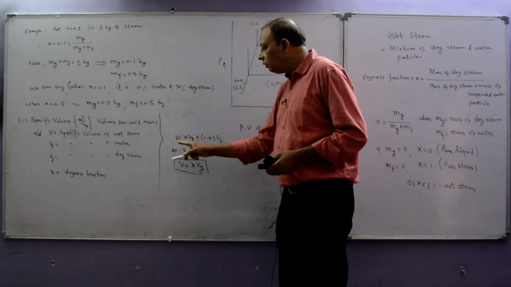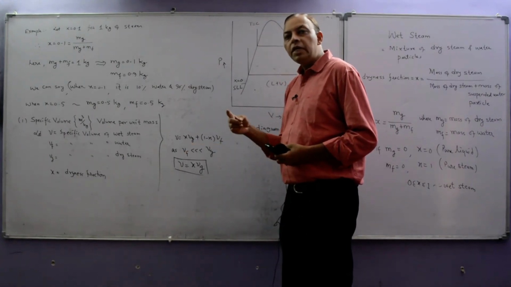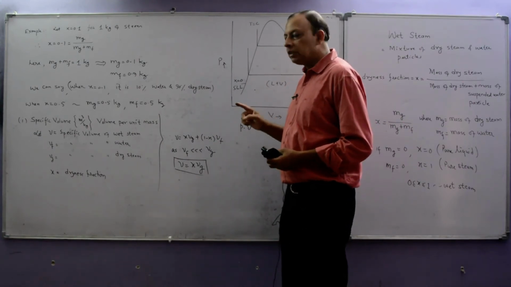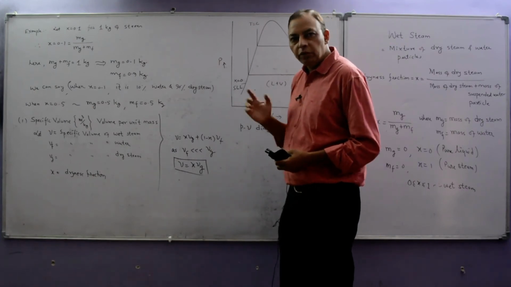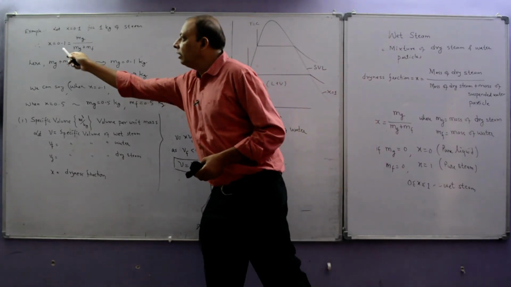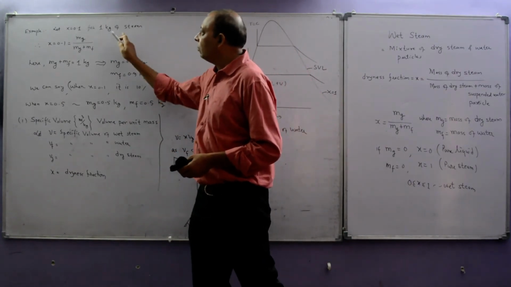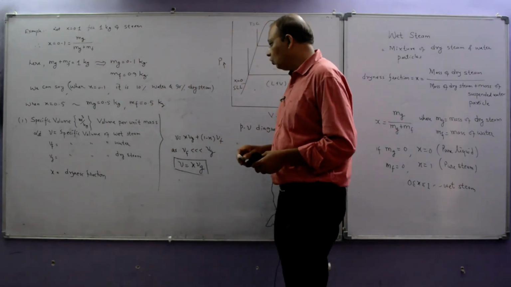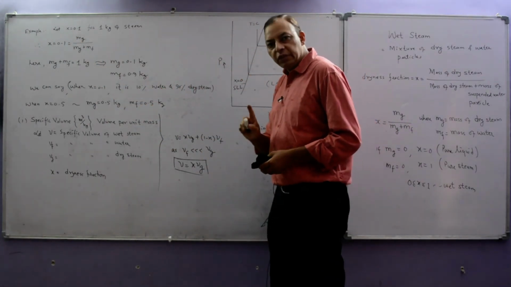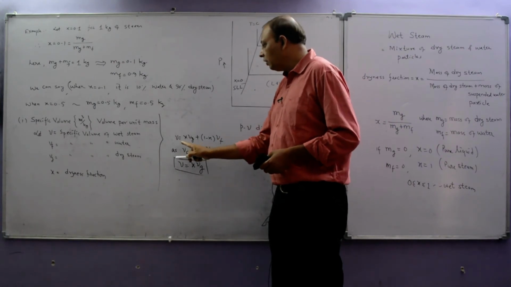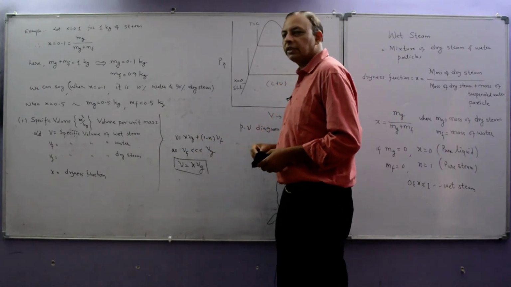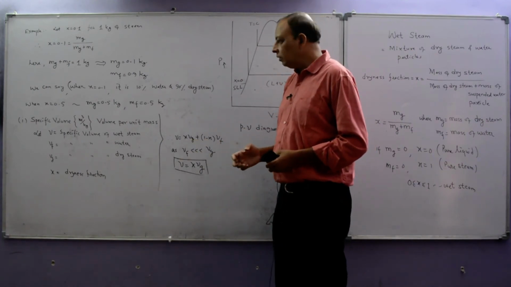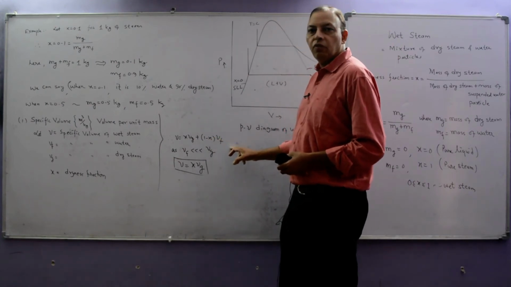So specific volume of wet steam will be a summation of specific volume of dry steam and specific volume of water particles, with quantity denoted by x. Here for 1 kg, mg will always be equal to x. So we can write specific volume of wet steam v is equal to x vg plus (1 minus x) vf. That is, x times dry steam and 1 minus x times water particles.